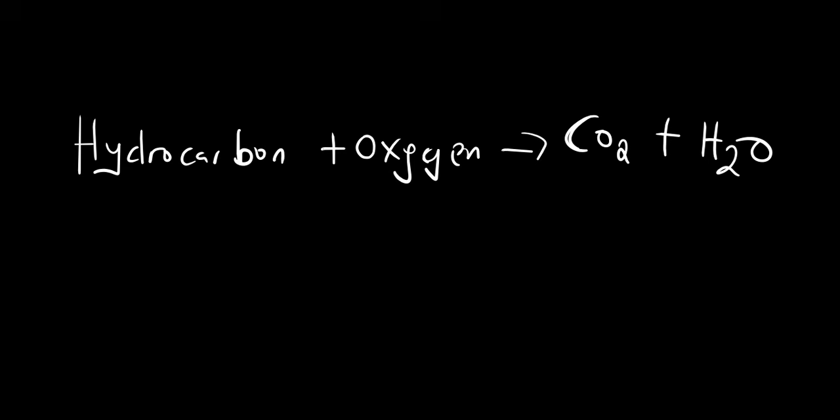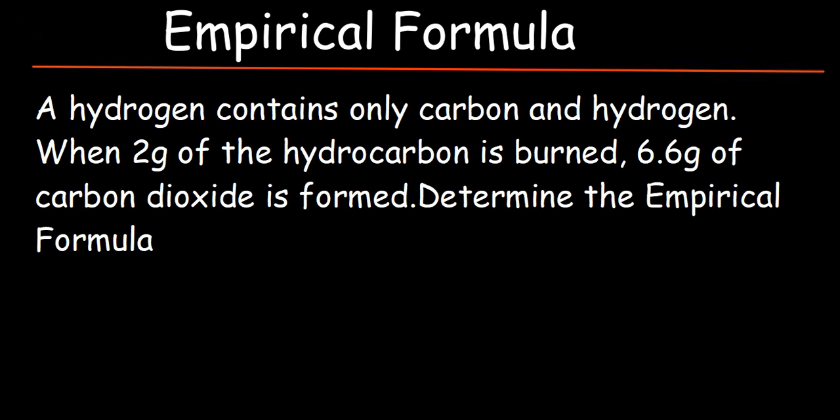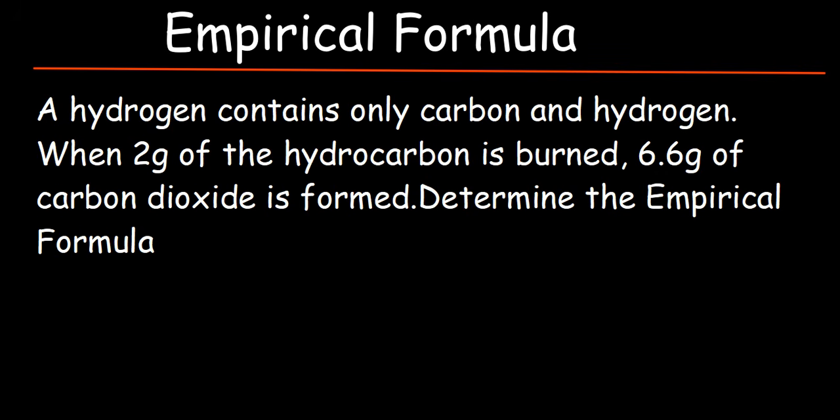Now, for us to understand this topic nicely, let's solve some questions. We've been given a question here. A hydrogen contains only carbon and hydrogen. Okay, this one is a typo. It's supposed to be a hydrocarbon. So a hydrocarbon contains only carbon and hydrogen. When 2 grams of the hydrocarbon is burned, 6.6 grams of carbon dioxide is formed.